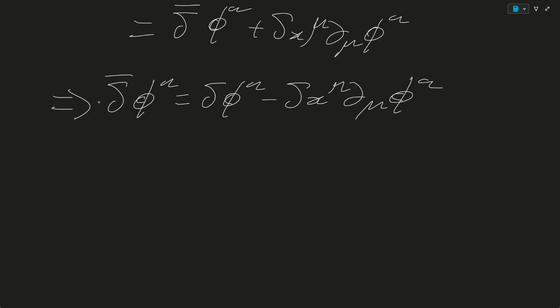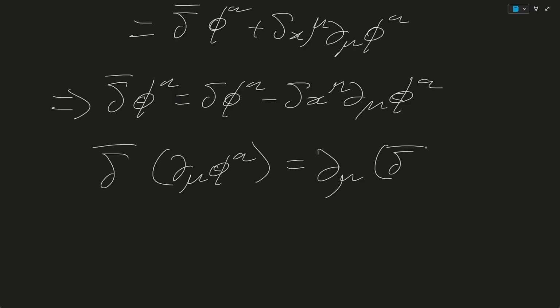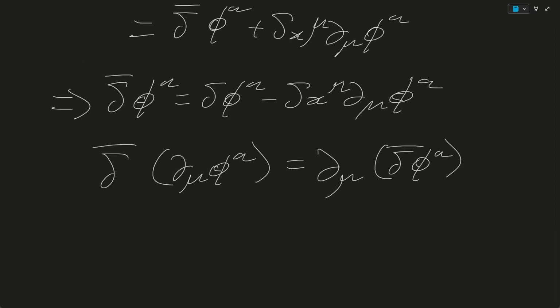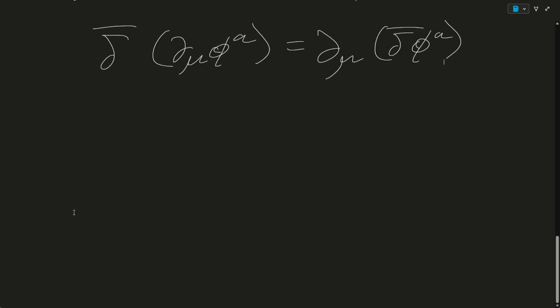This then means that the intrinsic variation commutes with partial derivatives, which means that if we have delta bar of the derivative with respect to mu of phi a, this is the derivative with respect to mu of delta bar phi a. Now this property is incredibly crucial, as you'll see coming up, because it essentially allows you to define some symmetry for action.